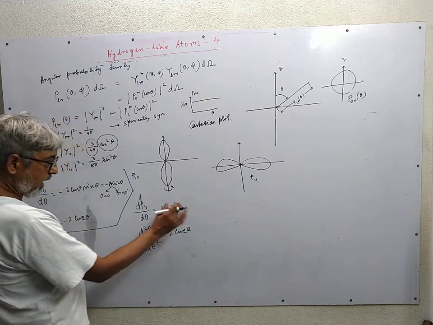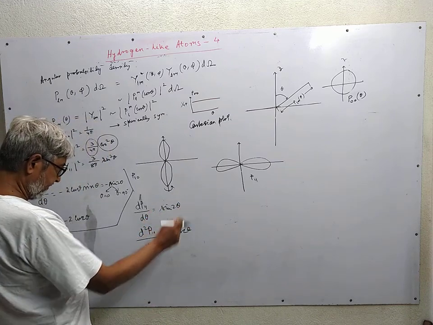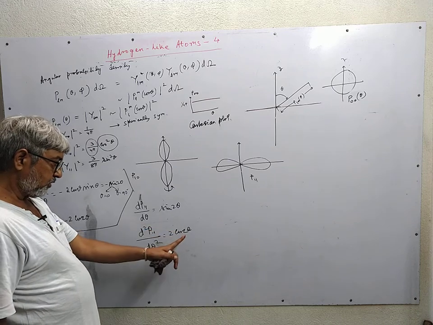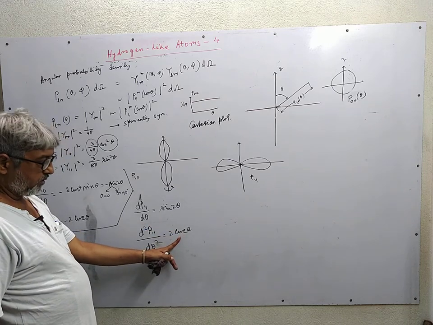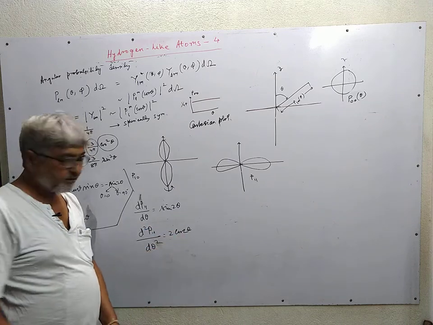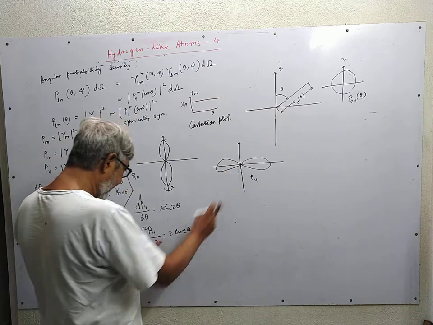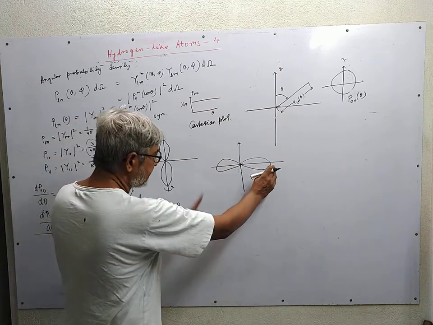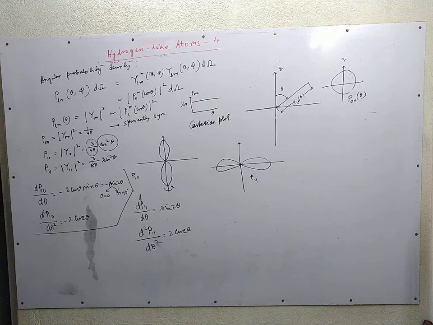Again, this is 0 at theta equal to 0 and 90 degrees. At theta equal to 0, it is a minima, and at theta equal to 90 degrees, it is a maxima. So, we see that the polar plots can be justified by mathematics.